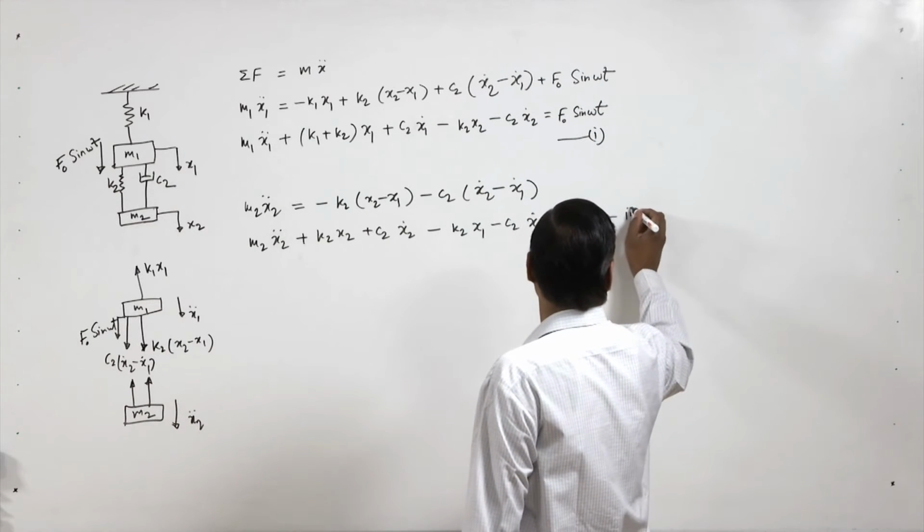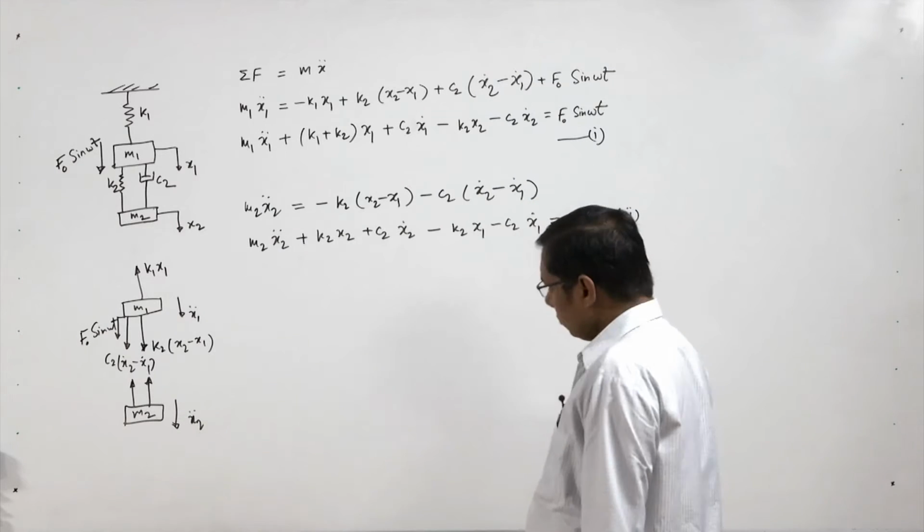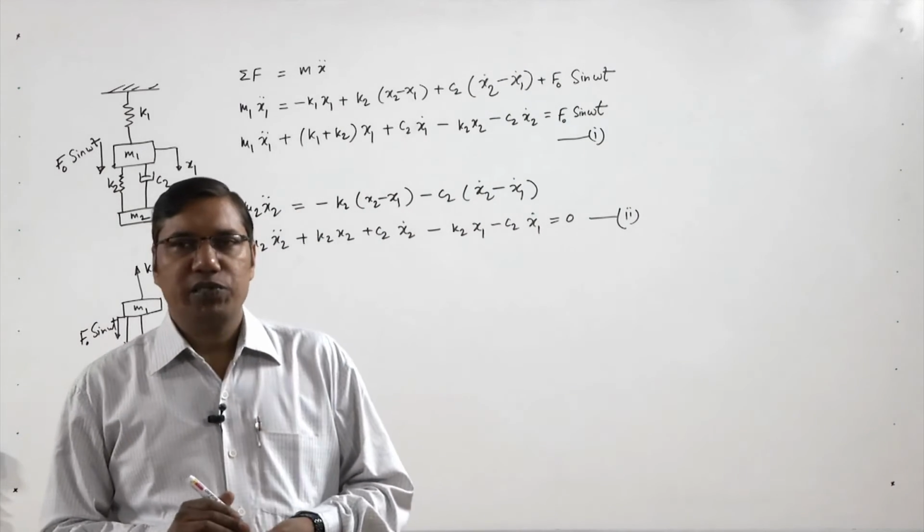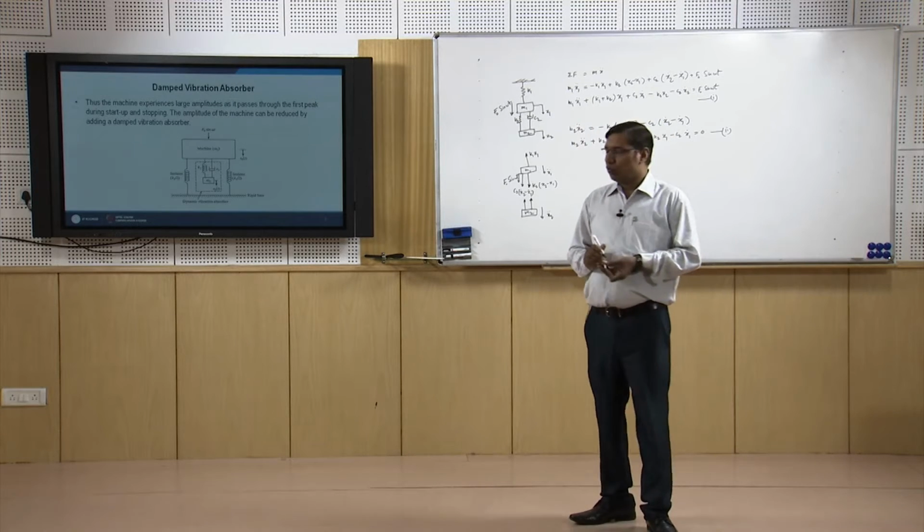This is equation number 2. So we have obtained the equations of motion for both masses.